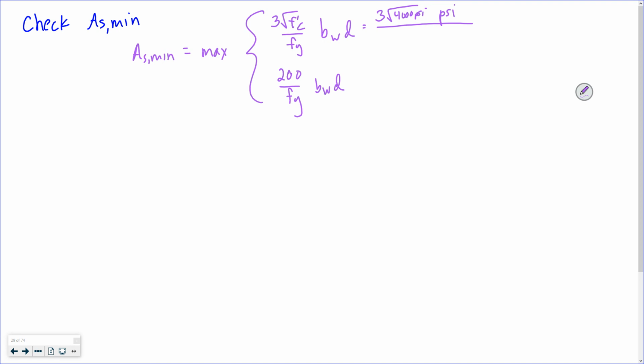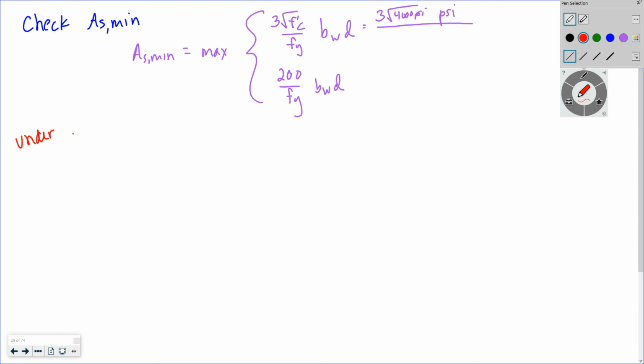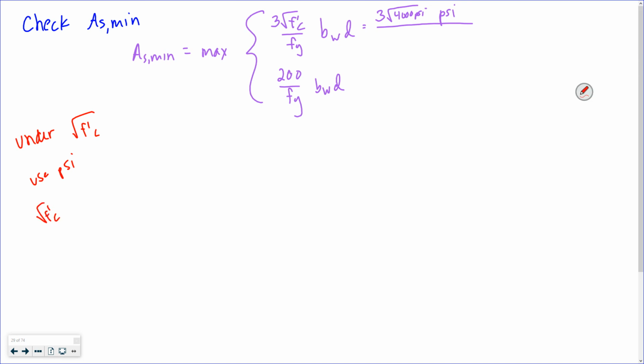This is where some people get confused. Always under the square root, f'c, use psi. Square root f'c comes out in psi, okay? It's a thing.